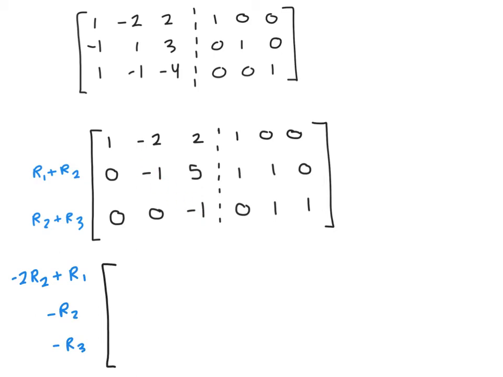So let's start with that first one. -2 times 0 plus 1 is 1. -2 times -1 plus -2 is 0. And then here I'll have -10 plus 2 is -8. Here I'll have -2 plus 1 is -1. Then -2 plus 0 is -2, and then 0 plus 0. And then these we're just going to multiply by -1.